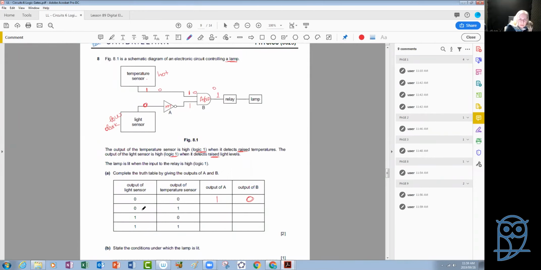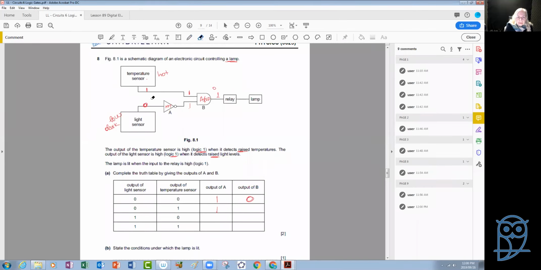If the light sensor gives 0 and the temperature sensor gives 1, then the output of A must be 1, and the output of B, let's remove the zeros there.